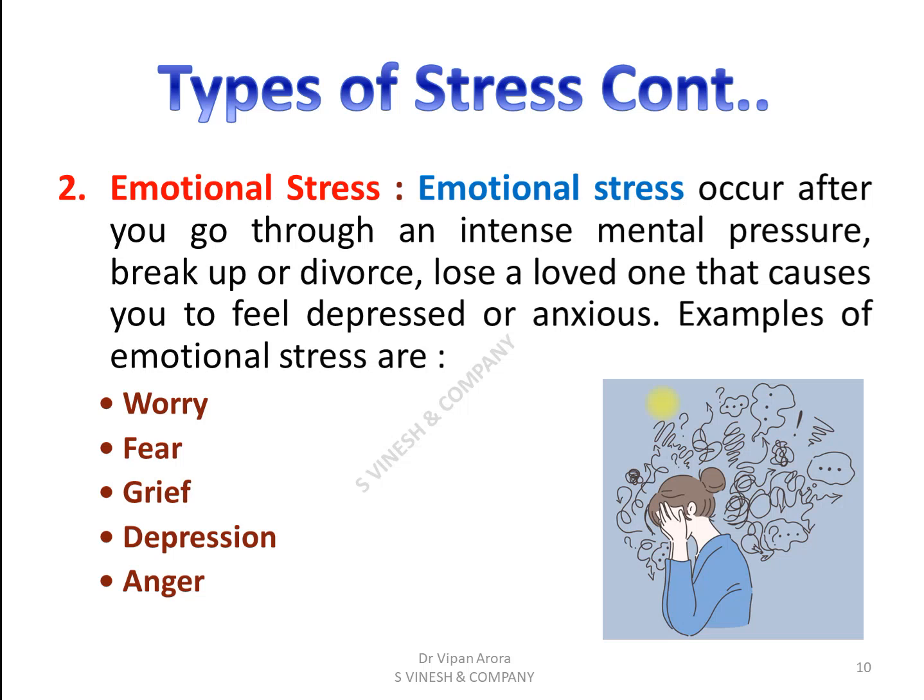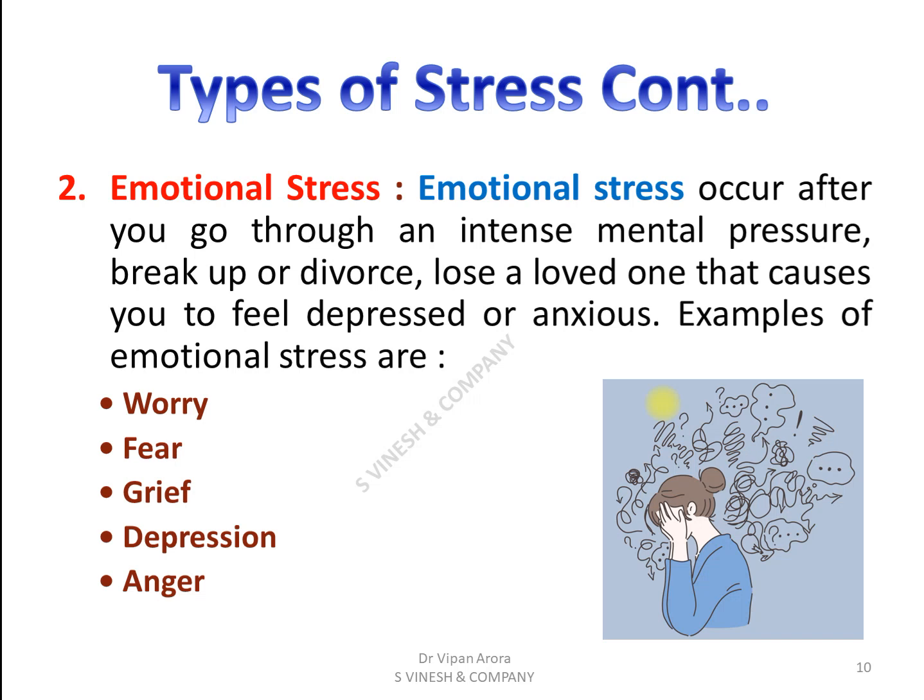Another one is emotional stress. This occurs after you go through intense mental pressure. And why this mental pressure? It can be due to some breakup, divorce, losing a loved one, or maybe any other reason, the reasons that are close to your heart.